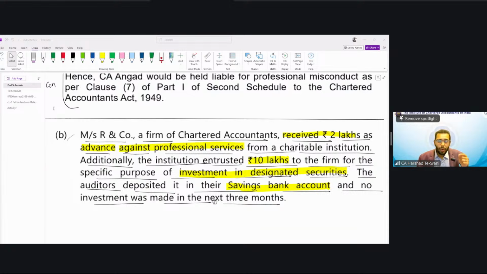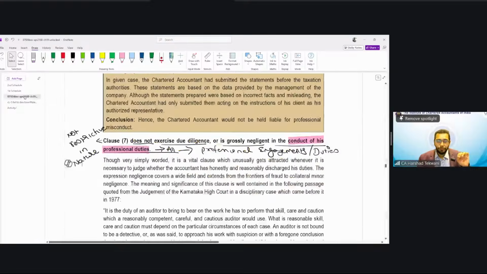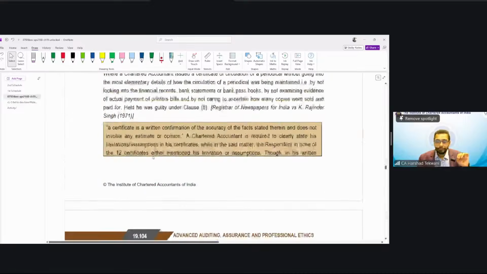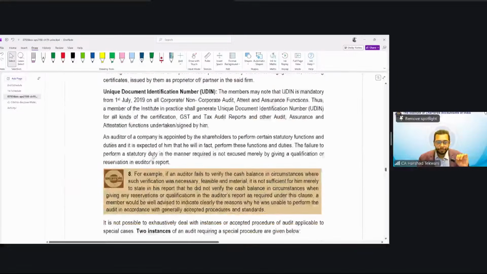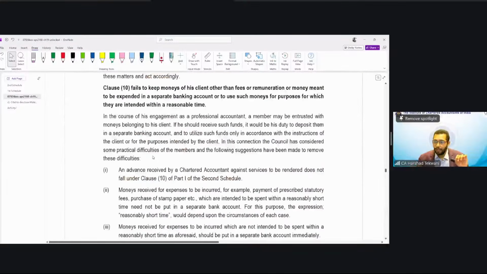So let us go and read a particular clause that is applicable in this scenario. We will be going to clause number 10 of part 1 of the second schedule.